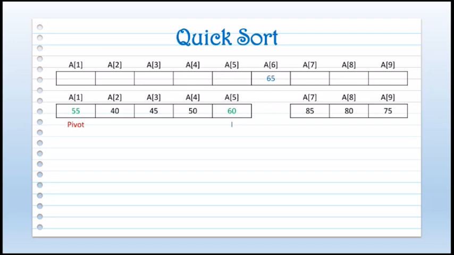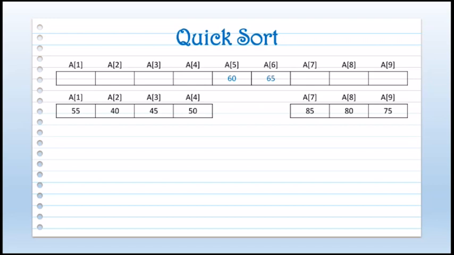That means there will be no elements in the second array. So based on this 60, we will divide the array into two parts. In the first array there will be elements less than 60, and in the second array there is no element, so that array will remain empty. So now we have got the position of 60, that is it will be in the 5th position in the sorted list.